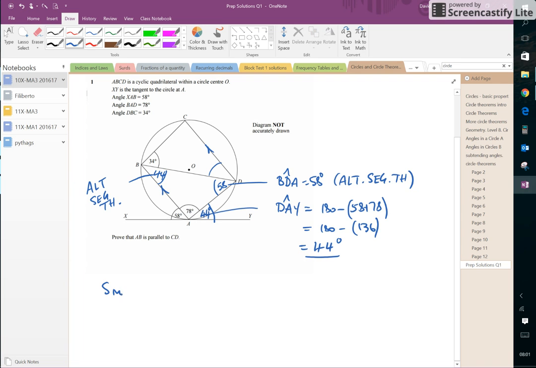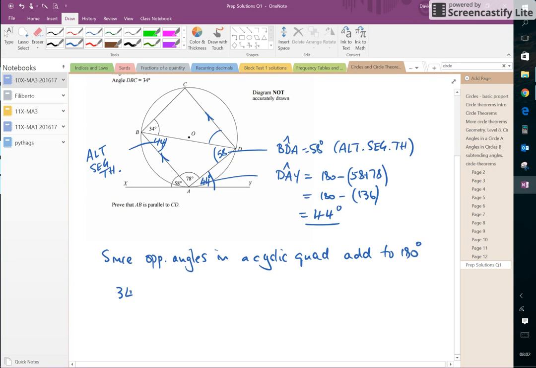So since opposite angles in a cyclic quadrilateral add to 180 degrees, we can say that this 34 plus 44, so that's that big angle there, plus 58, plus x, all those added together is equal to 180. Opposite angles in a cyclic quadrilateral add to 180.